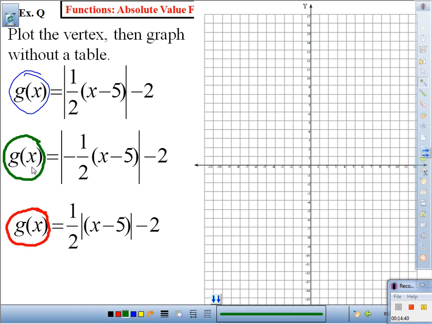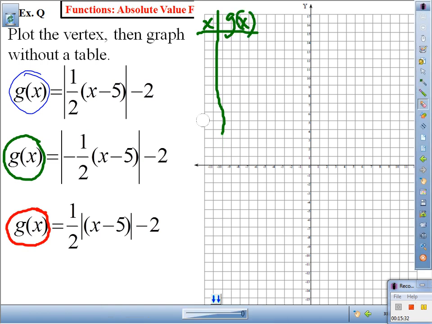We need to work on g of x equals absolute value of negative 1/2, parentheses, x minus 5, close absolute value, minus 2. In the second quadrant, I want you to write x and g of x.